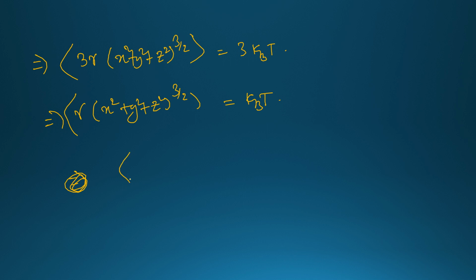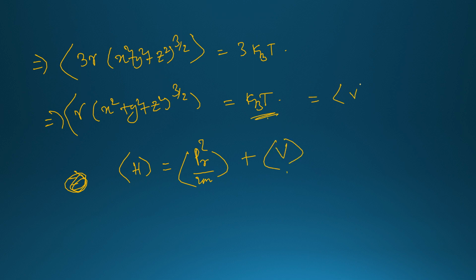What will be the Hamiltonian? The expectation value of the Hamiltonian will be how much? See, p square by 2m plus your potential. This is the potential, isn't it?